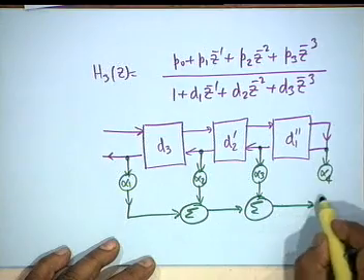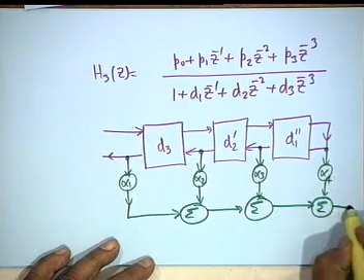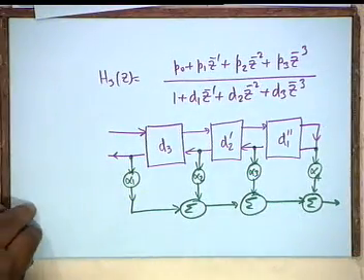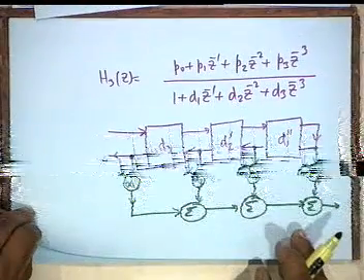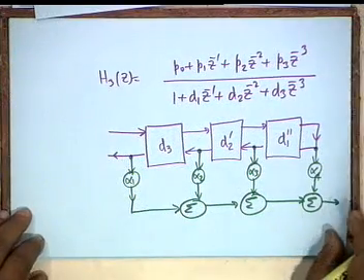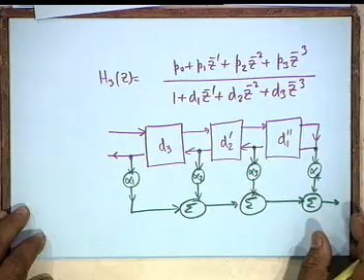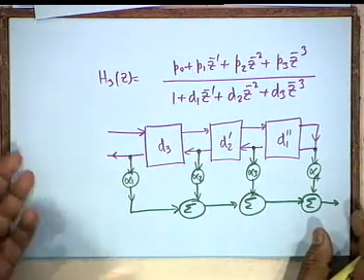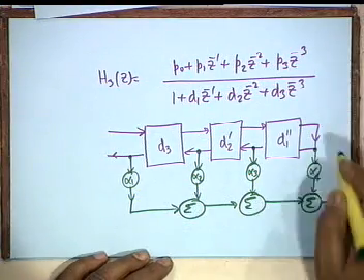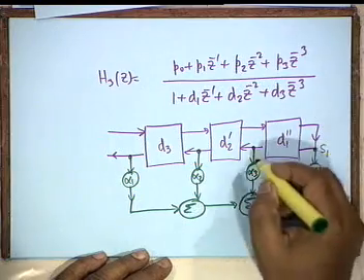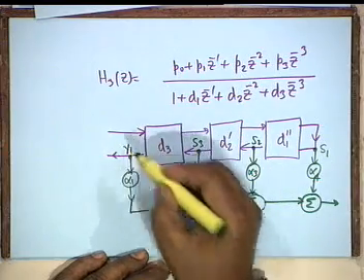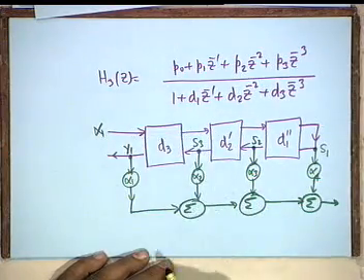Okay. By observation and by looking at the second order realization, can you tell me what these signals would be? Let us call them S1, S2, S3, and this is of course Y1, this is X1.